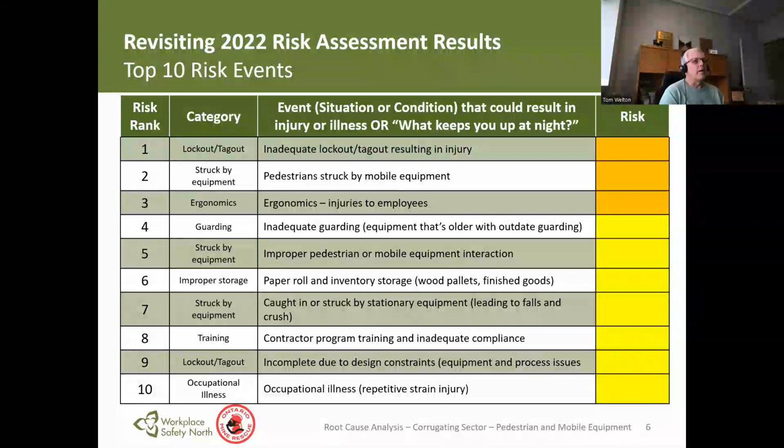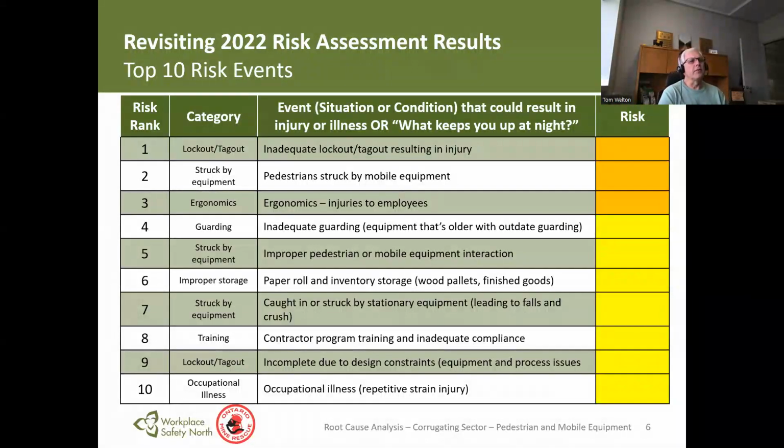And just to bring to your attention, the number one risk that was identified by the corrugating sector was associated with lockout tagout, an inadequate lockout tagout resulting in injury. I bring to your attention the various categories of the top 10, and lockout tagout is relating to risks number 1 and 9, or 2 categories.